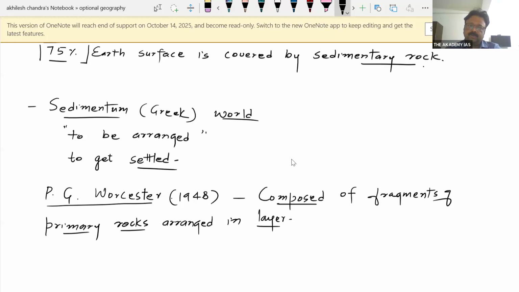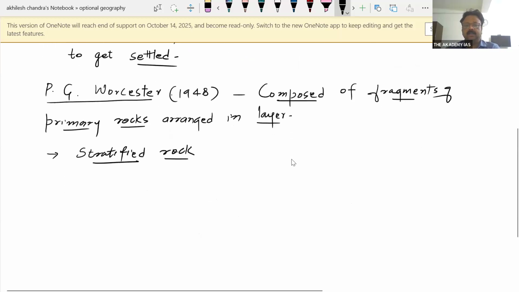It's composed of fragments of primary rock, and these fragments are arranged in layer. That's why sedimentary rocks are also called as stratified rock.